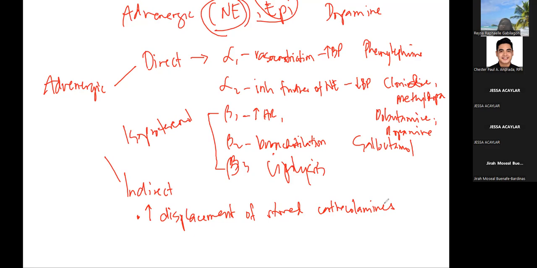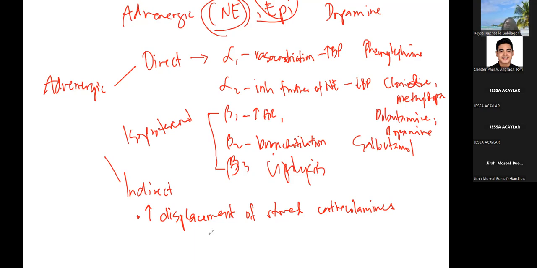So we store our norepinephrine in the vesicle, and then through exocytosis, the norepinephrine is released. Once it is outside in the synaptic cleft, it is able to bind to the receptors. So this increased displacement of stored catecholamines will lead to an increase in the amount of norepinephrine that can bind to the receptor.